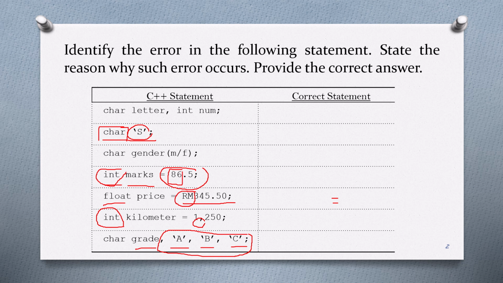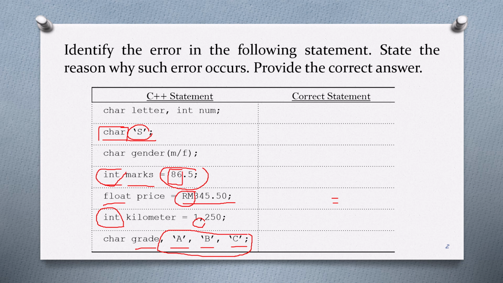Okay, so what is the problem here? Is there any error? What do you think? When you execute the statement, the compiler will give you an error. Actually, the statement here consists of two statements. The first one is the declaration char letter.